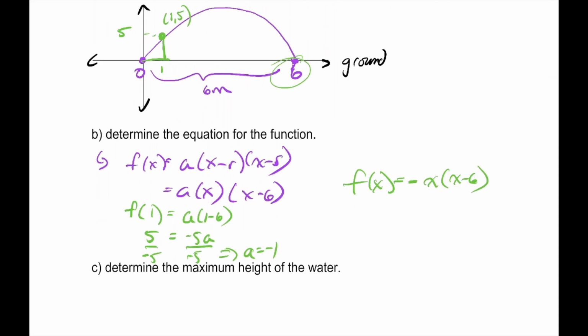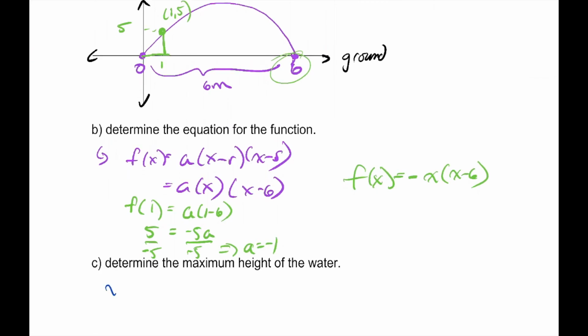So here we'll determine the maximum height of the water. So we know that the maximum height is at the vertex. So because we already have the two roots, we know that the x-coordinate of the vertex is going to be halfway in between. So 6 plus 0 over 2, which is 6 over 2, which is 3.